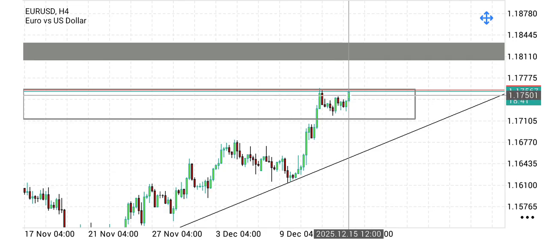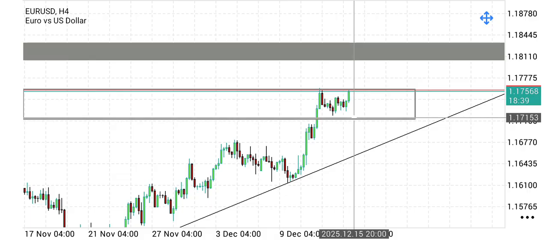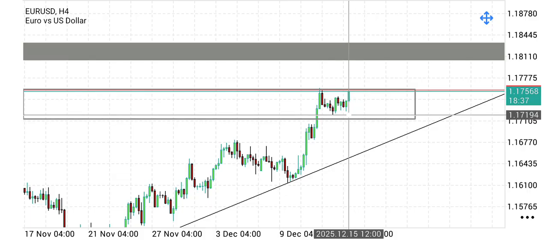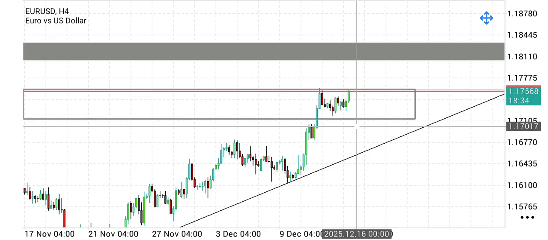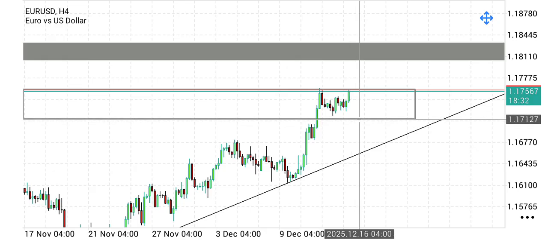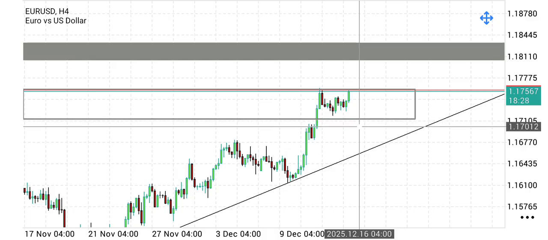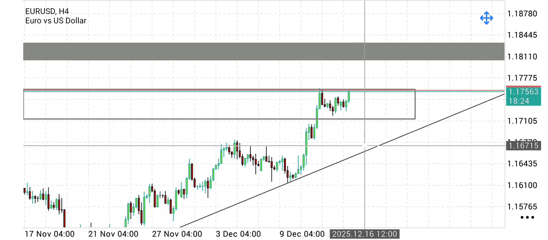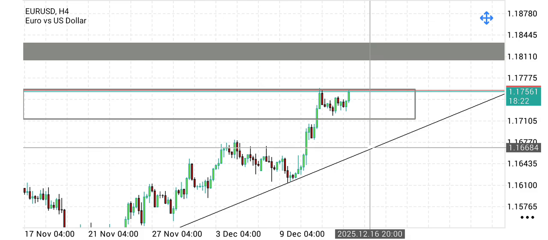So the market might come back again and sweep this low, then tap around these areas, just like I said the other day, looking for buys. Or the market might just drop and come back for a third touch on this trend line that we've drawn on the higher time frame.